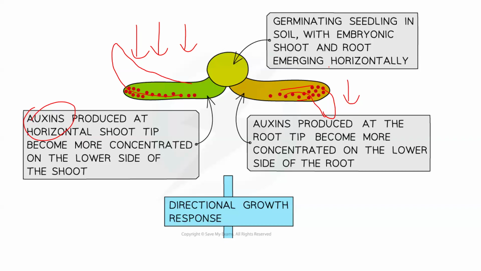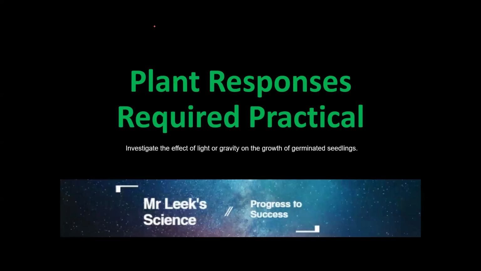Okay, right, now what we've got is our plant responses required practical. Okay, and what I'm going to do in a second is ask somebody to tell me the method. Right, so plant responses required practical.